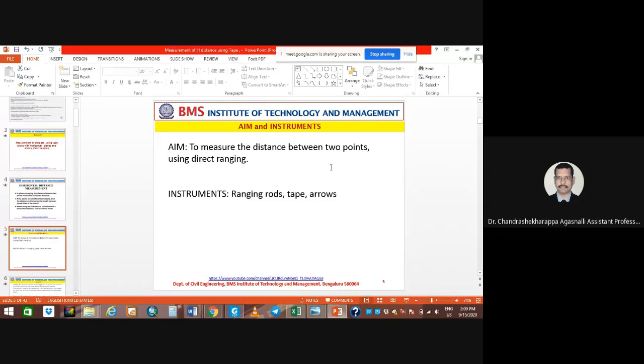And what are the instruments you require for this? You need the ranging rod, the tape, and the arrows. What is the use of the ranging rod? The ranging rod is generally used for alignment. Second, you fix a particular point, maybe point A and point B, and even the intermediate points. And what is the use of the tape? To measure the horizontal distance.